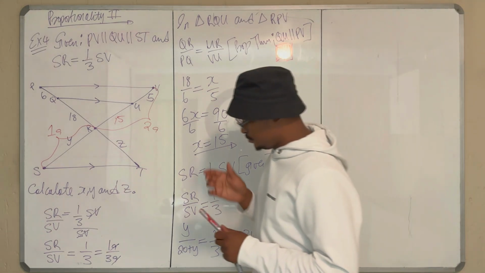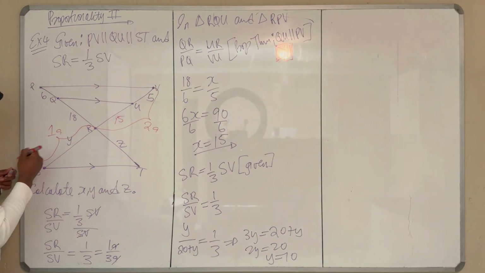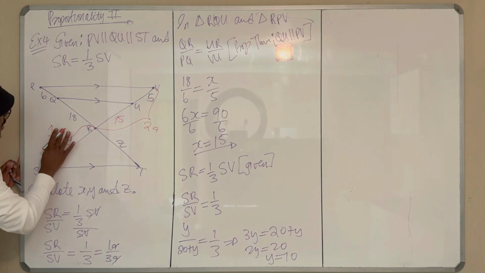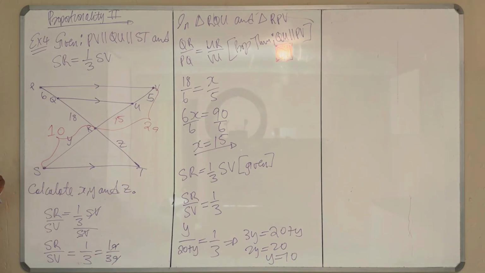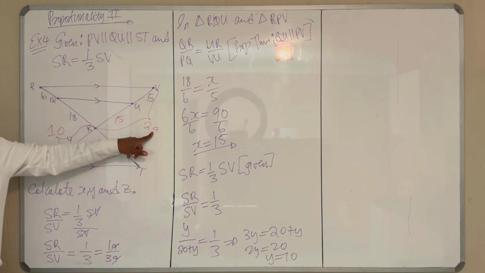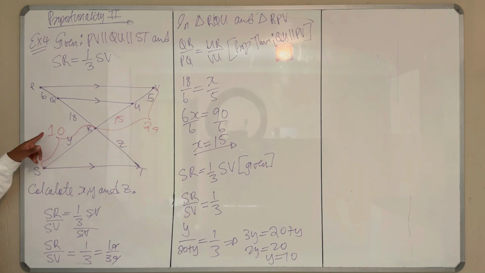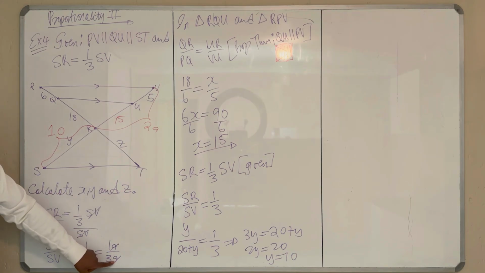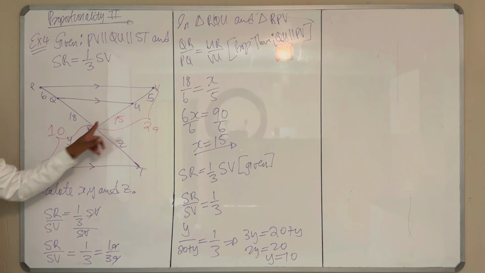So what you have here is equal to 10. We could have said the same thing: this and that is equal to 20. 20 is equal to 2a, then divide by 2 both sides. A is equal to 10. It was 1 times a, so it's going to be 10. And if you want the entire thing, it is 3 times 10, so this thing is equal to 30 units.